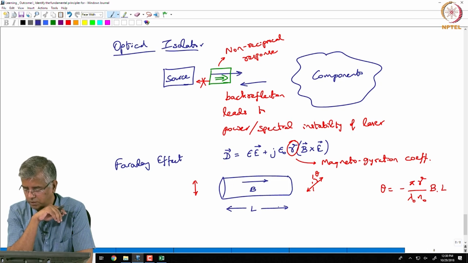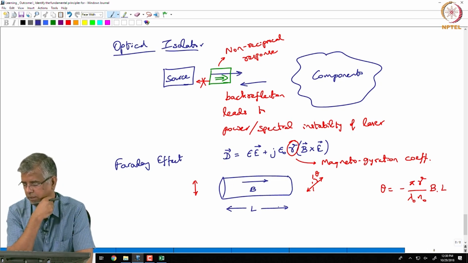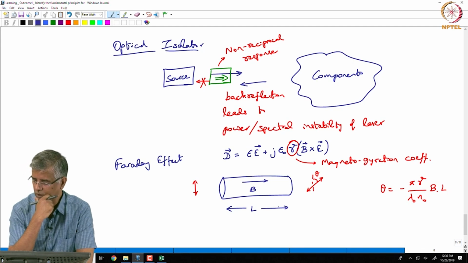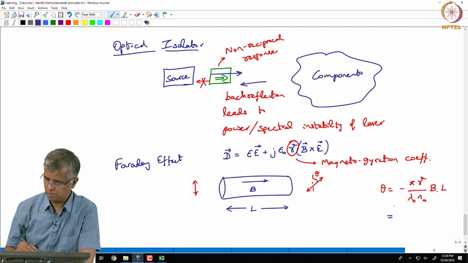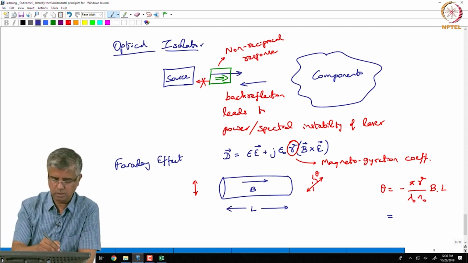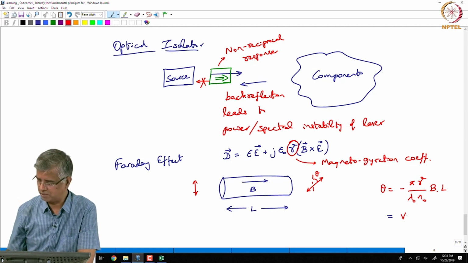How much it rotates depends on the strength of the magnetic field, or the extent of the interaction, the interaction length. Now, this factor over here is denoted by what is called the Faraday constant.